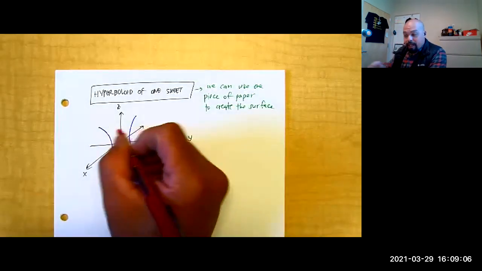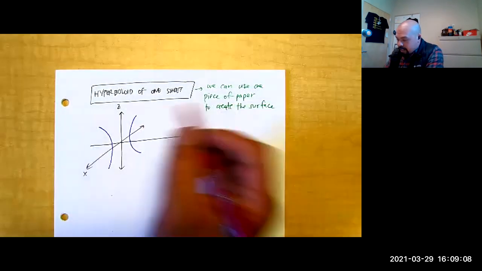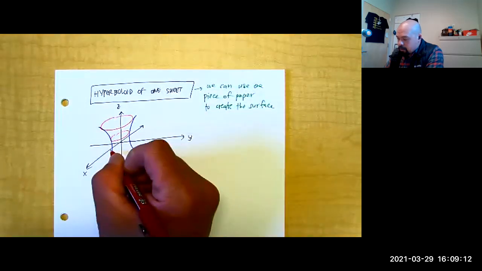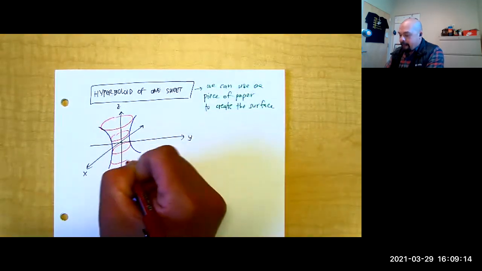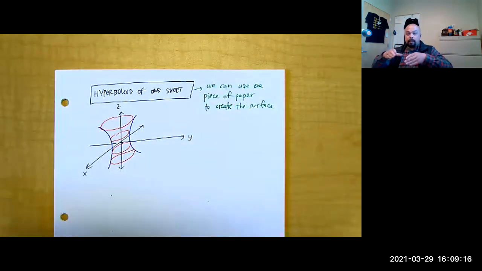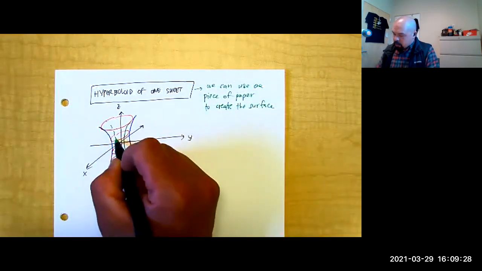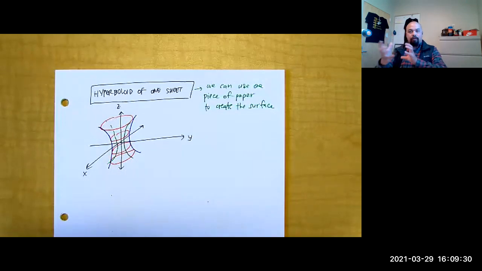And then in other planes, other traces, we're going to get an ellipse, circles connecting that body. So we're getting that kind of tube, but now it's going to squeeze in, an hourglass, if you will, type of figure. And you can imagine having another hyperbola facing that would get that full 360 view.